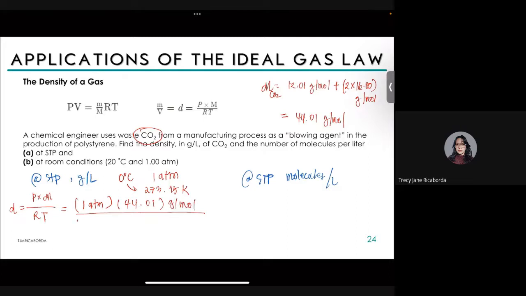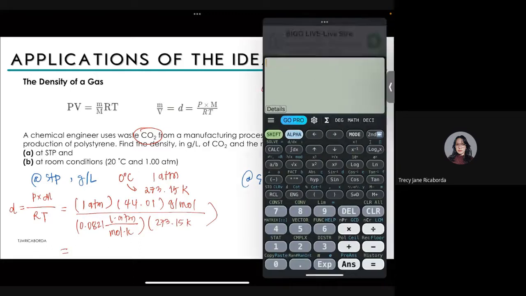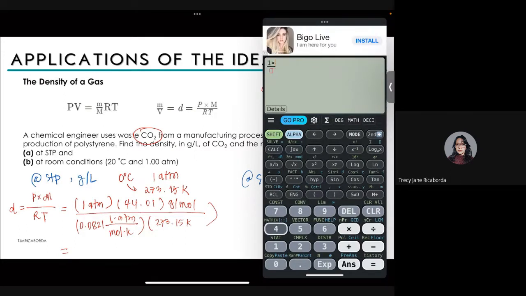And then universal gas constant, and your temperature, 273.15 Kelvin. Put that all into a calculator. So that's 1 times, nilalagay pa talaga yung 1 ni ma'am, no? But just to show you guys.